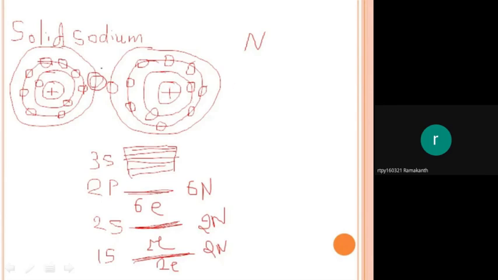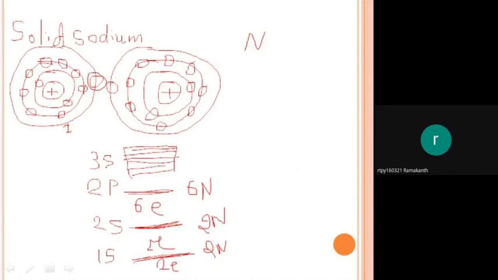Not only one atom is present; a number of atoms are present around this atom. That is why some of the 3s energy levels go up and some go down, according to Pauli's exclusion principle: no two electrons can occupy the same energy state.